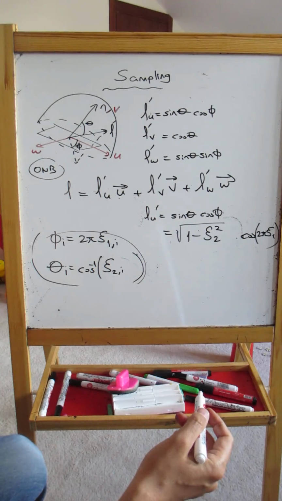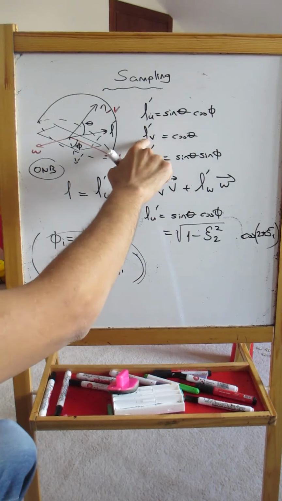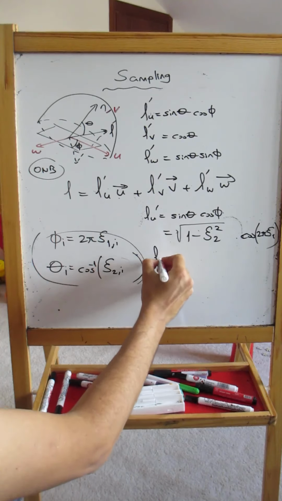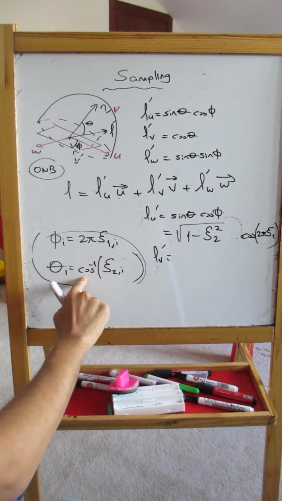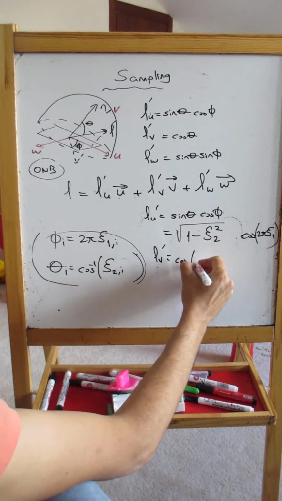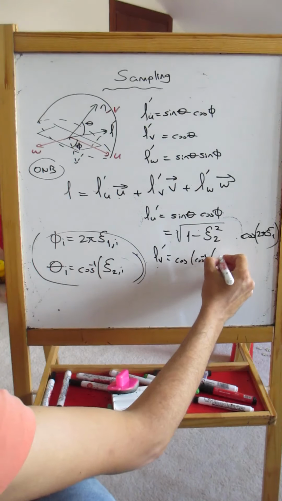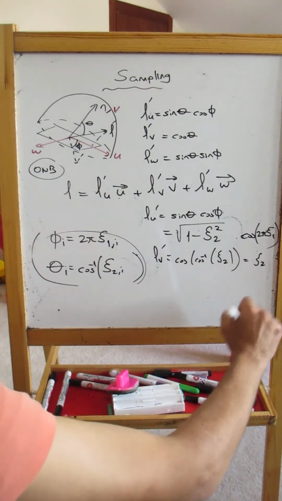And for the v component, L prime v, we have cos theta. So it's going to be cos of cos^-1 psi 2, which is equal to simply psi 2.